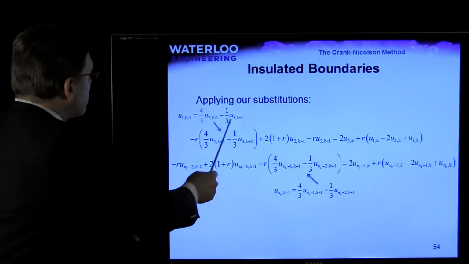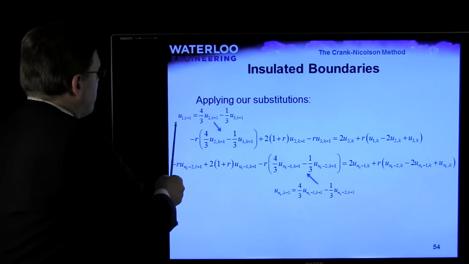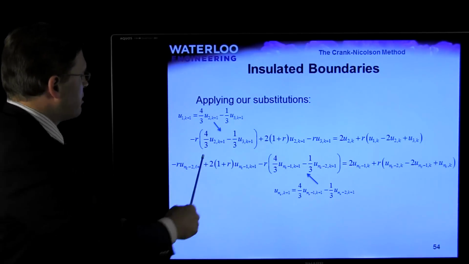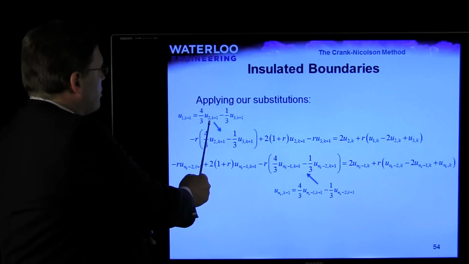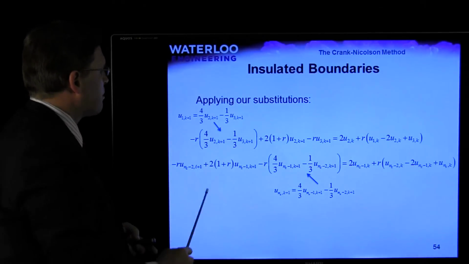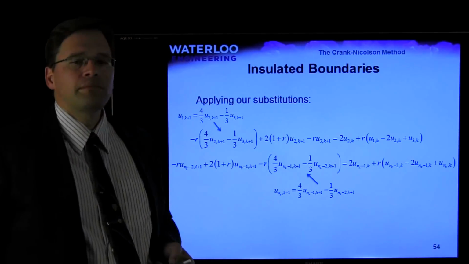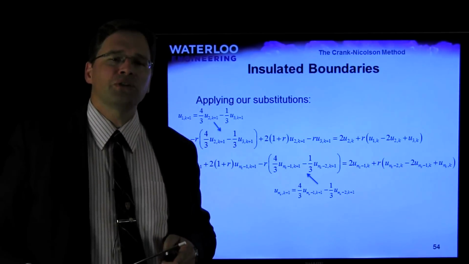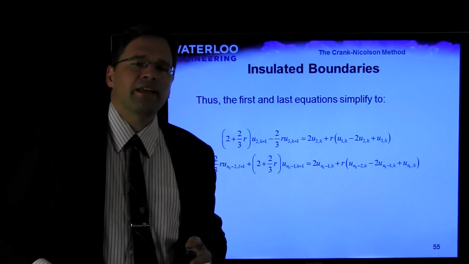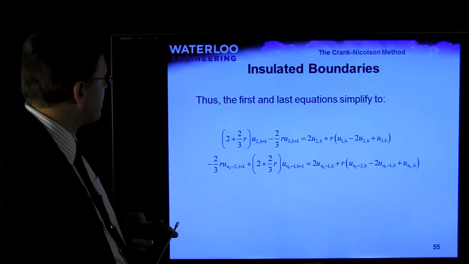So I'm going to approximate my value of one endpoint, and this depends on u2 k plus 1 and u3 k plus 1. And over here, I'm going to do the same. Those two substitutions are made, and now I have a slightly different equation.